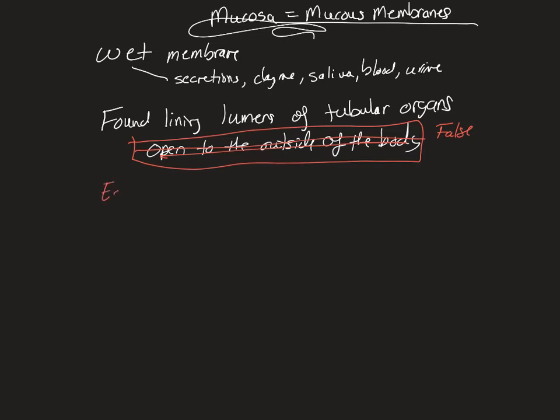So examples of mucous membranes include capillaries and lymphatic vessels. If your blood vessels, so this is a blood vessel, open to the outside of your body, you would die very rapidly. So you don't want that happening.